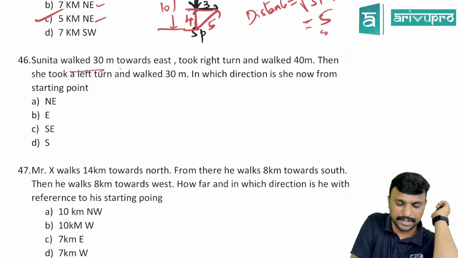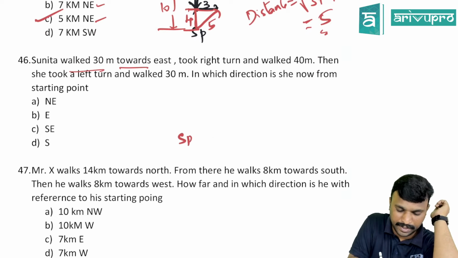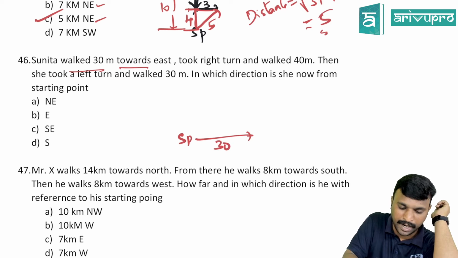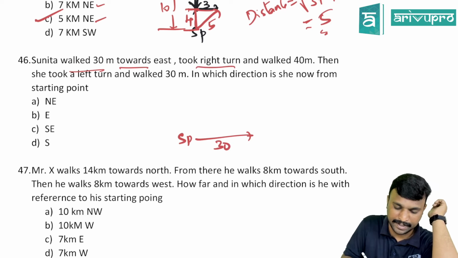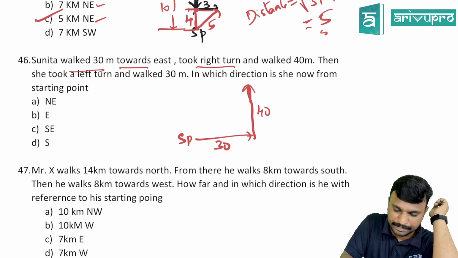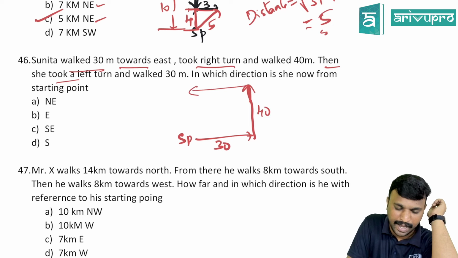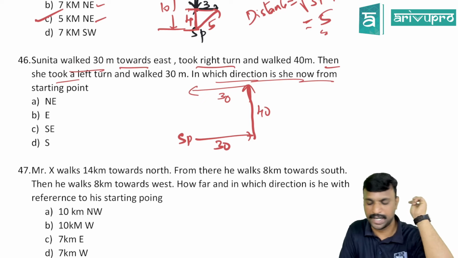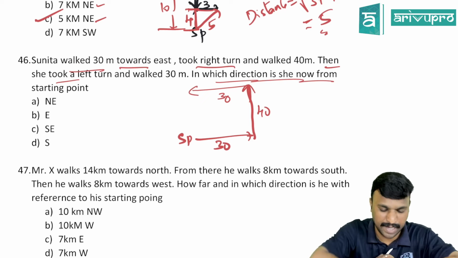Sunita walked 30 meters towards east from the starting point. She took a right turn. Right turn means upwards. How much did she go? 40 meters. Then she took a left turn. Left turn means left only, and walked 30. In which direction is she now from the starting point?